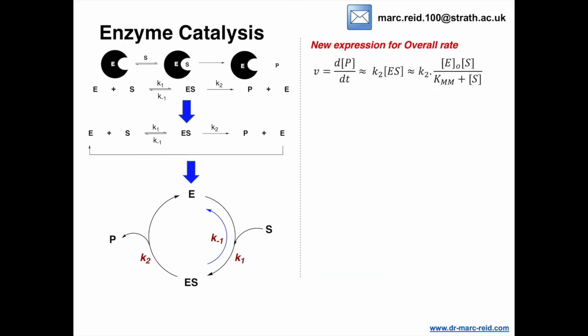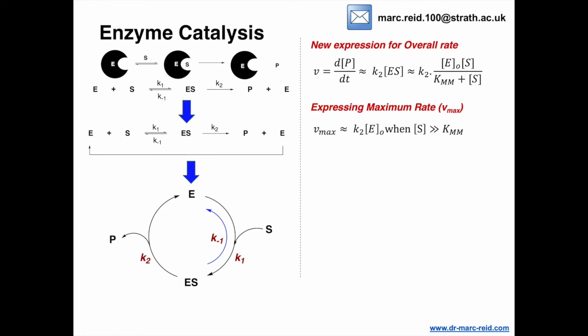So, the rate of formation of product P in this enzymatic process can be expressed in the equation shown at the top of this slide, as derived on slides 34 to 42. We're now going to see how this expression can be used to define some useful quantities in the study of enzymatic processes.